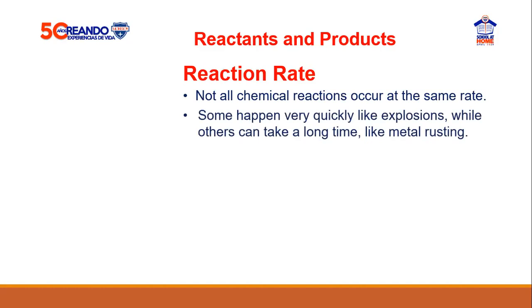Some happen very quickly, for example, explosions, right? That's something very fast. But other reactions take place over a long time. For example, metal rusting. And we saw that a few classes ago, right? Where you need to wait for the metal to rust, especially iron.